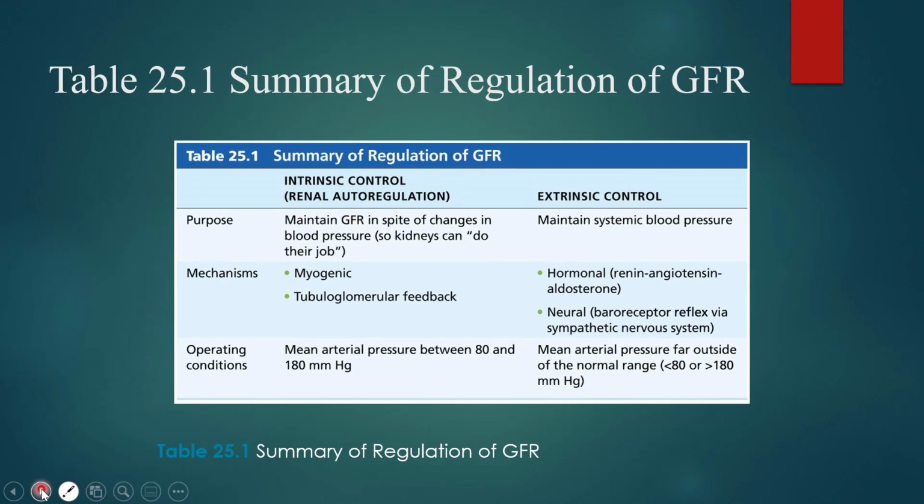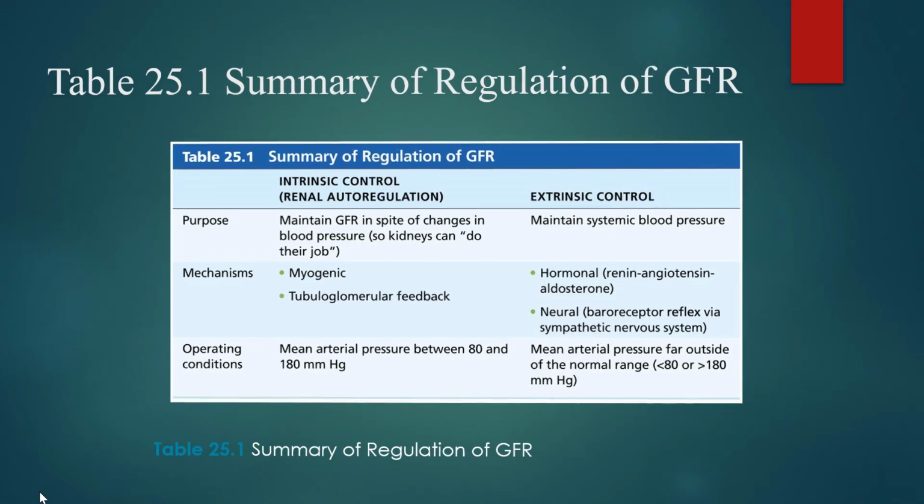And right here you have the summary of regulation of GFR. You've got the extrinsic control and the intrinsic or renal regulation. You have the purpose, the mechanism, and the operating conditions. Guys, this is a very good summary, a very good way of reviewing. That's why I included this in the PowerPoint.